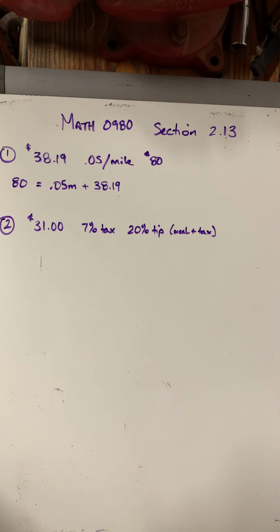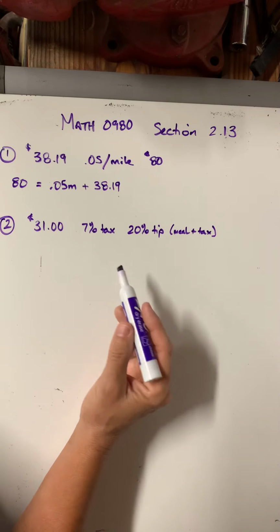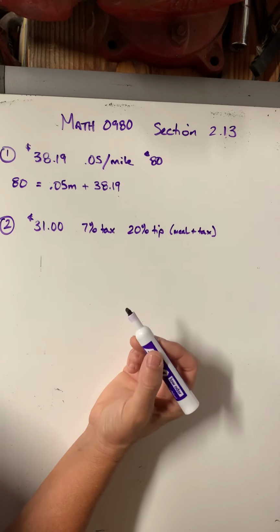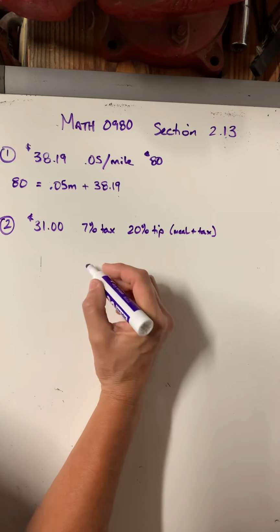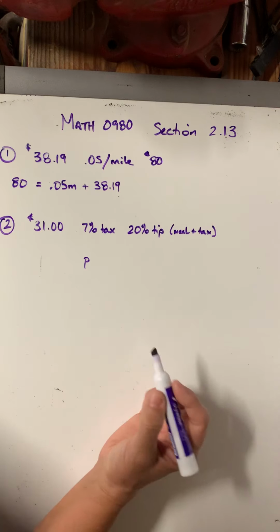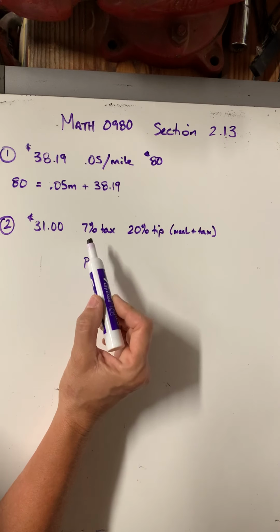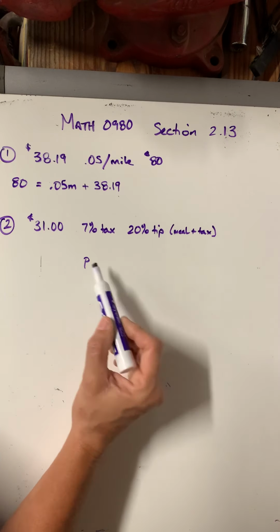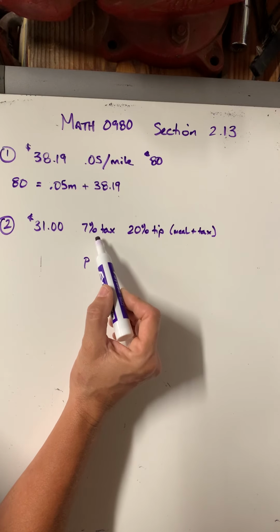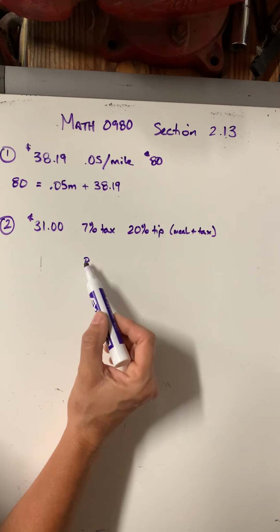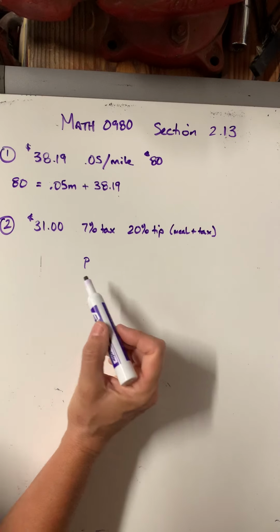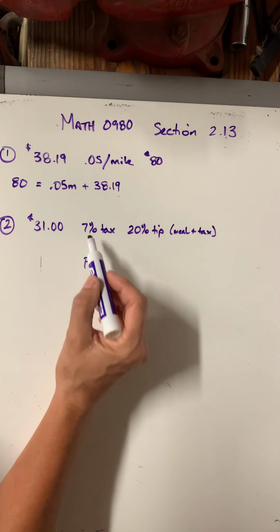So let's see how this would work. We're trying to find the price of the meal. That's our unknown, so let's call that P. And then I like to think of what happens in terms of chronological order. First, they're going to tack on the tax. So 7% tax would be my meal price plus the 7%.